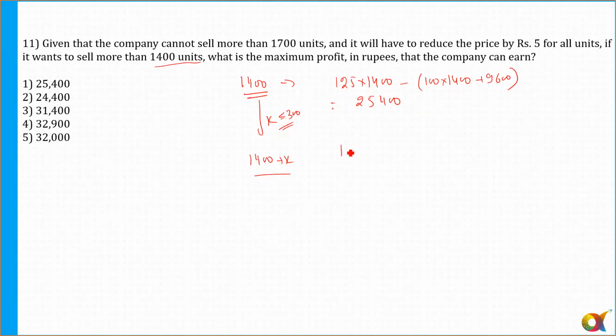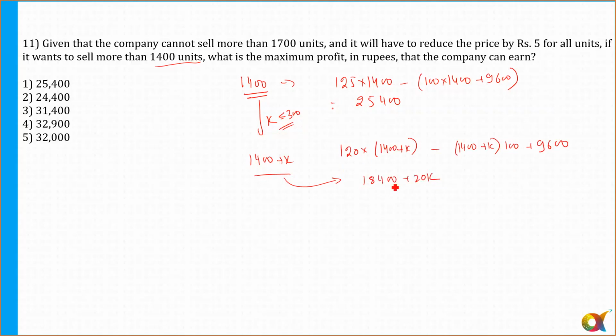So now the selling price will be 120 into (1400 plus K), minus the total cost price, that is (1400 plus K) into 100, plus 9600. This comes out to be 18,400 plus 20K.